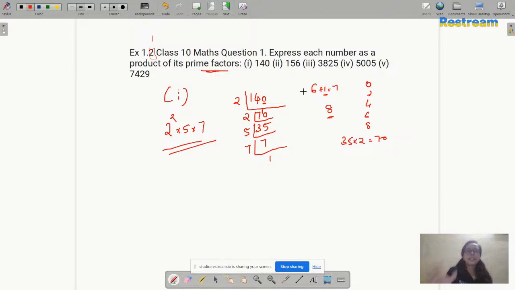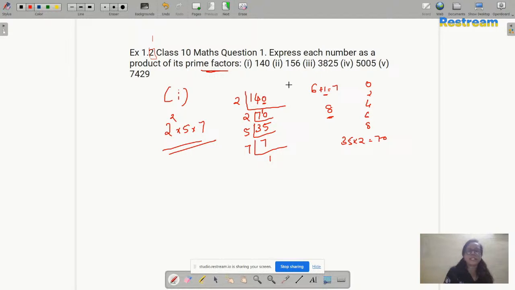Simple question. That's why I have taken this simple. Now which one? 156. Come on, quickly do it and give me the answer in the chat box.